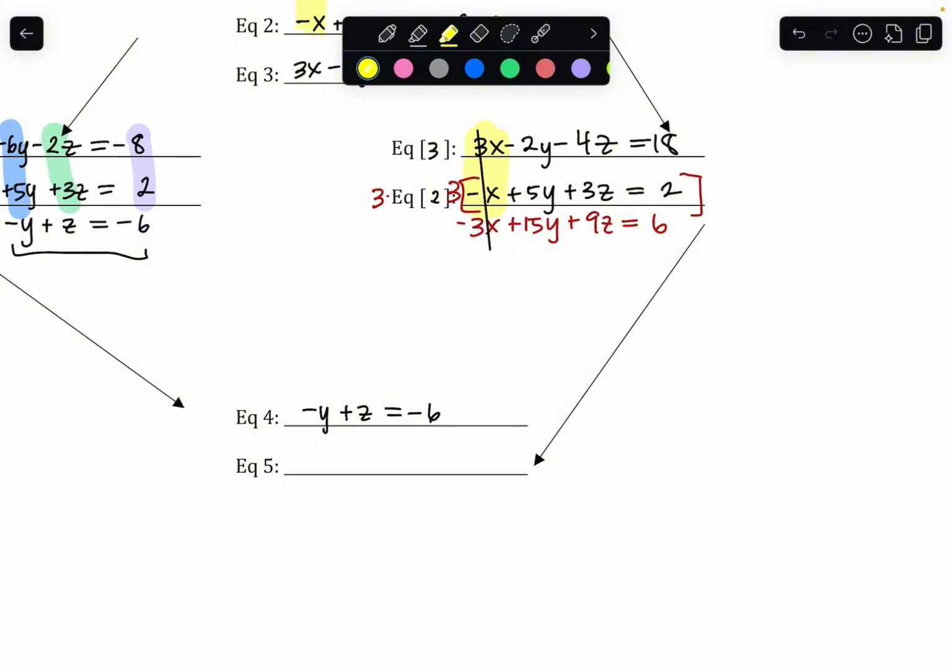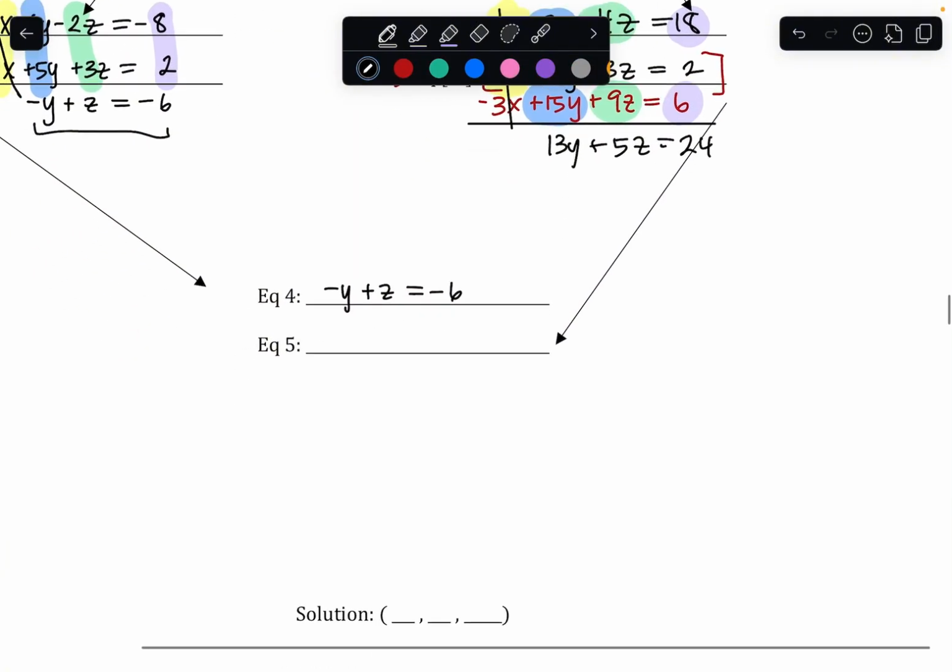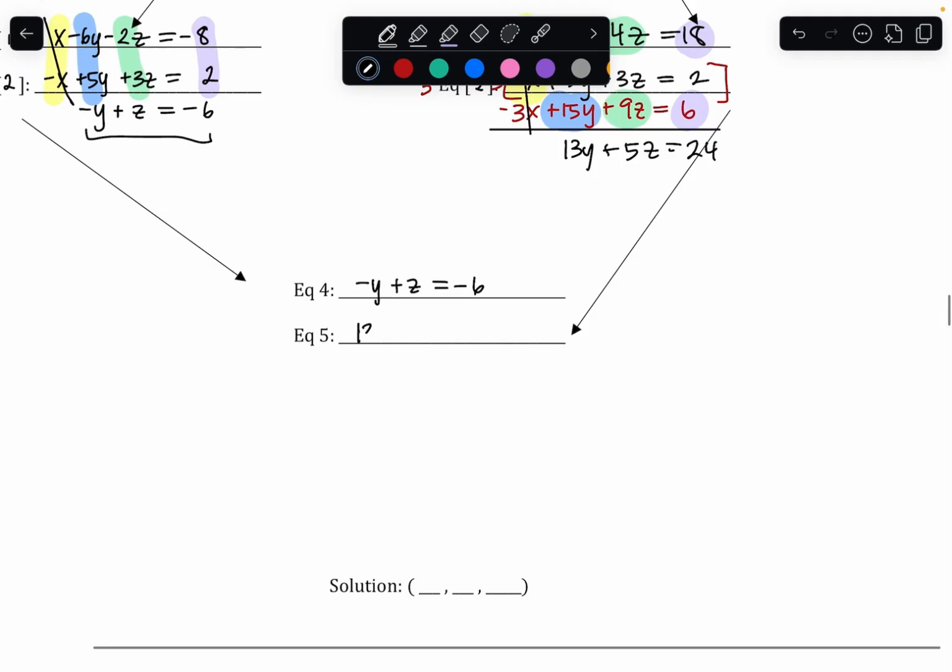And then we have negative 2y plus 15y, which is 13y. Negative 4z plus 9z is 5z. And then 18 plus 6 is 24. Can't really simplify that, so I'm going to copy it down for equation 5.